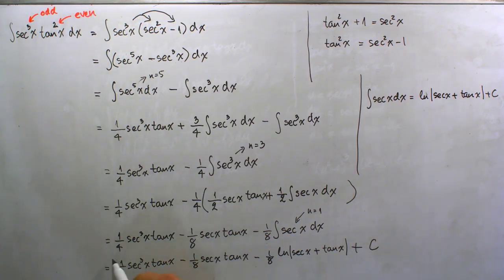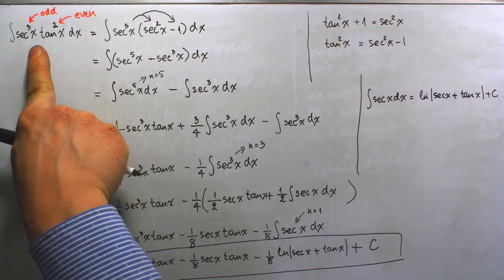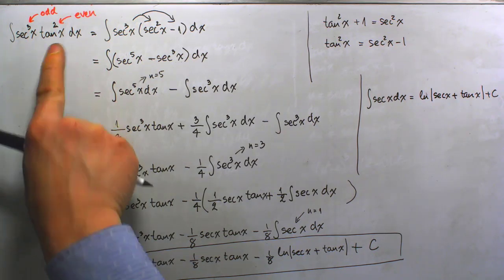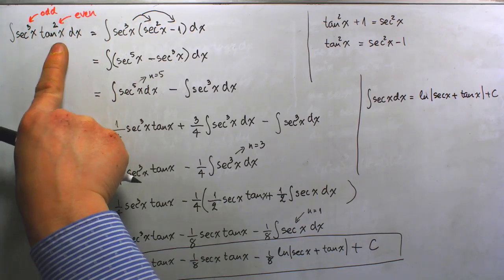And that is how we have found our integral for secant cube of x times tangent squared of x, where the power on the secant is odd and the power on the tangent is even.